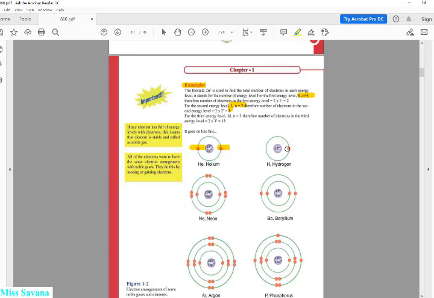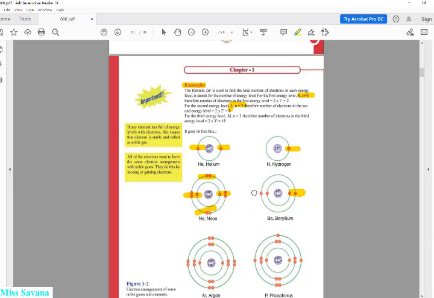For example, this one is not stable, but this one is stable. This one is actually very stable because, as you remember, we said that the second energy level for this one, اللي هو L, has 8 electrons.